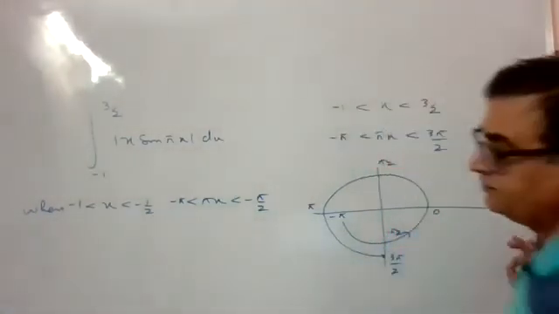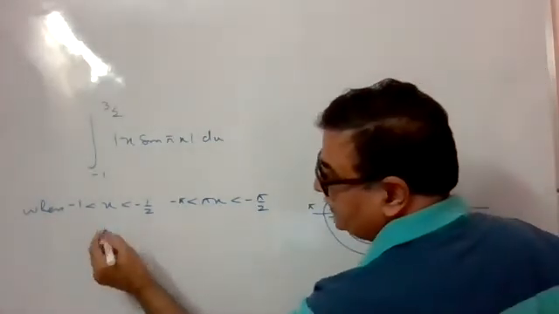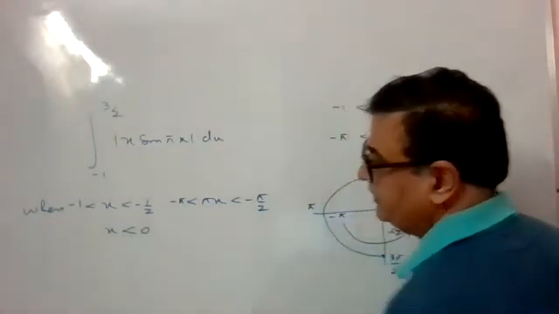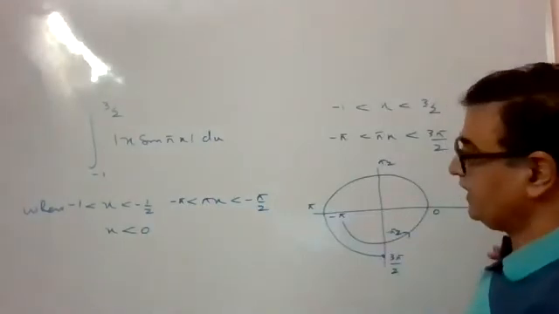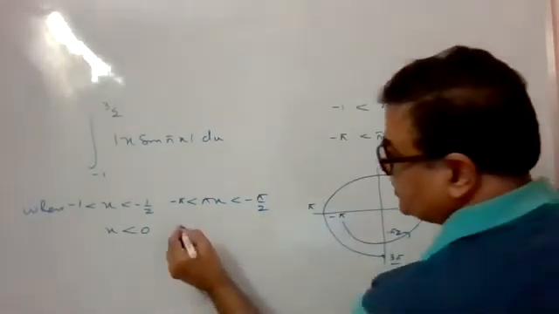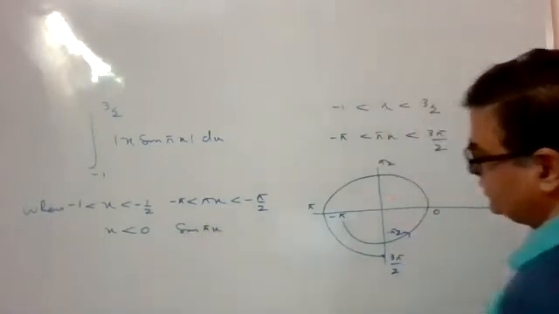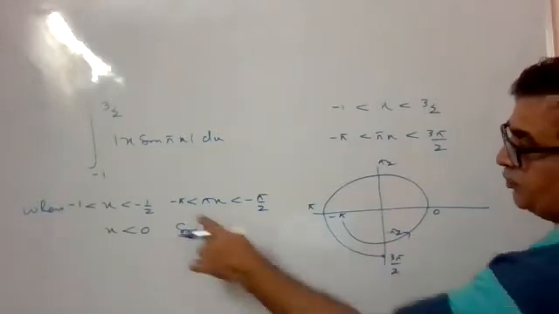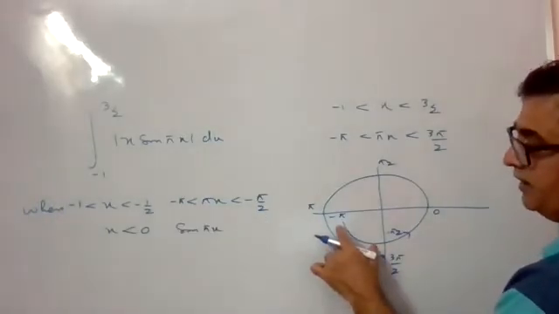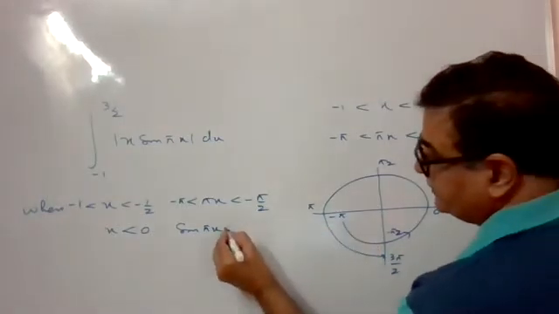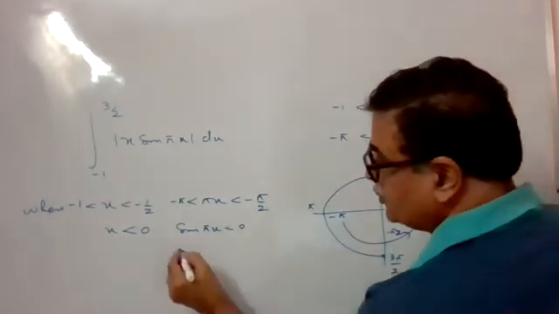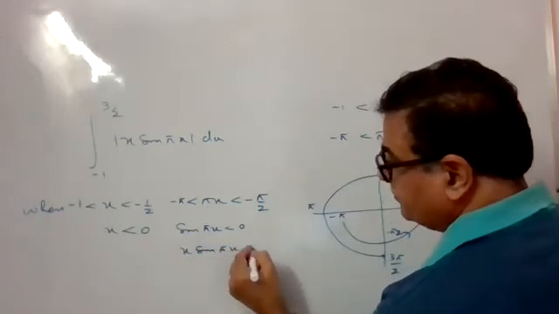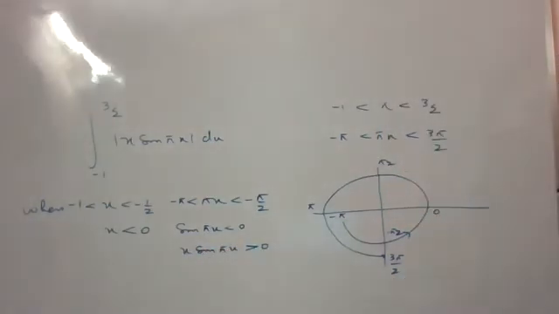Right or no? In this case, x is a negative number. What about sine pi x? Sine pi x is in which quadrant? It is between -pi to -pi by 2, so this is also negative. This is negative, which means x sine pi x comes out to be a positive number. First part clear or no?